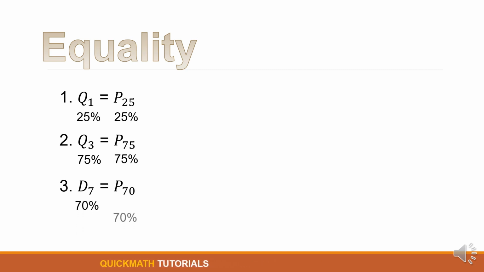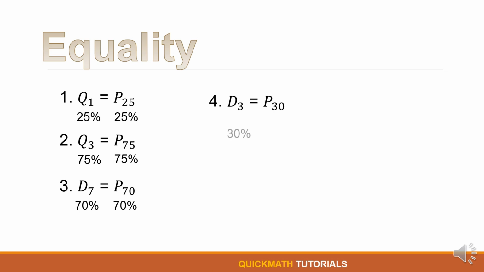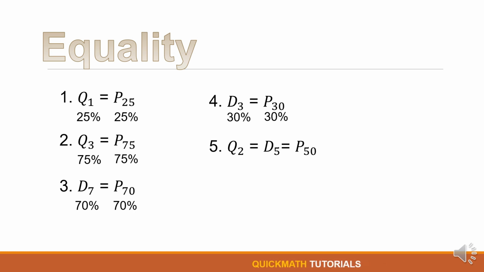This is 70%, also 70%. D sub 3 is just equal to P sub 30. This is 30% and also 30%. Lastly, the median is just equal to the 5th decile, which is just equal to P sub 50. So this is 50%, 50%, and also 50%.